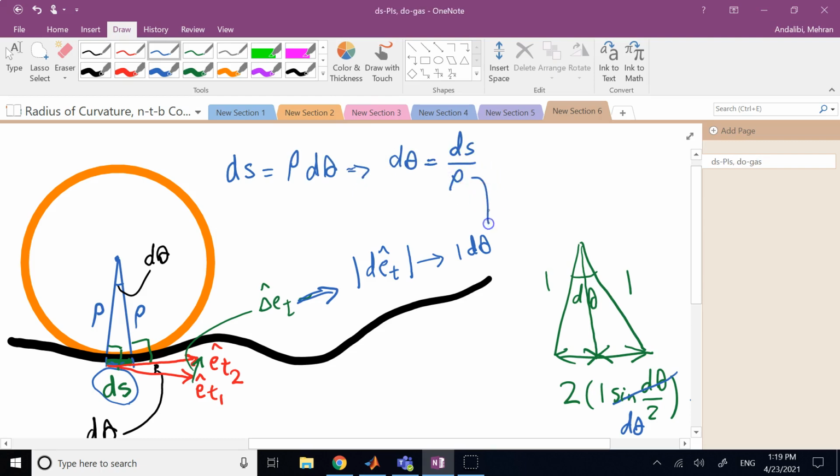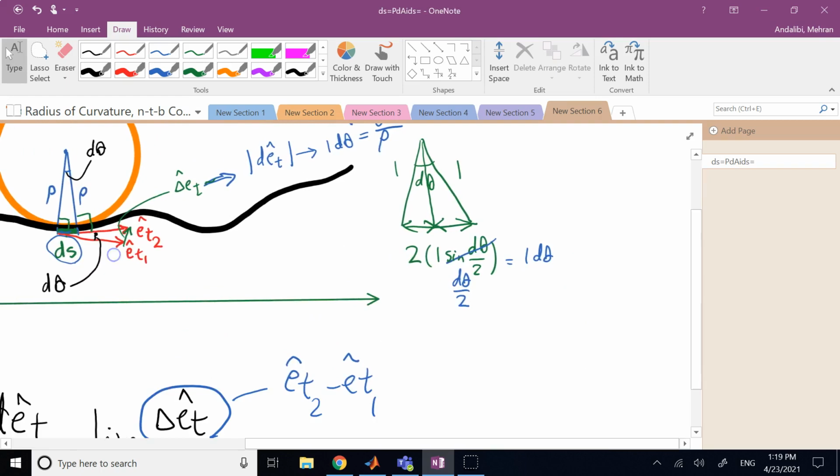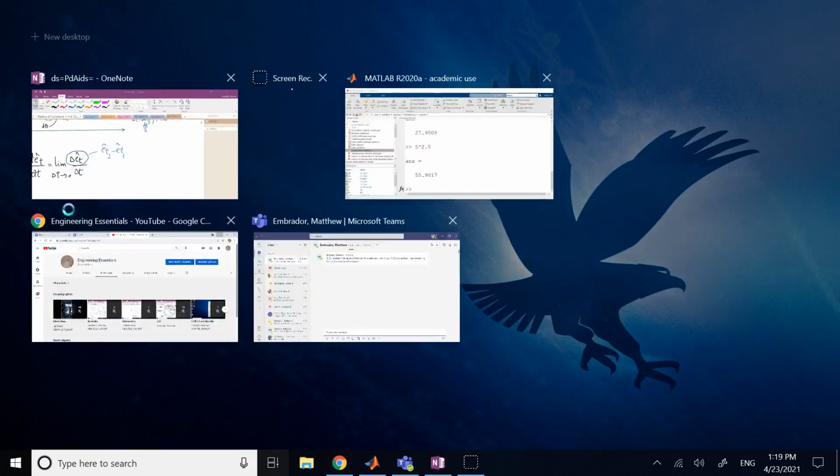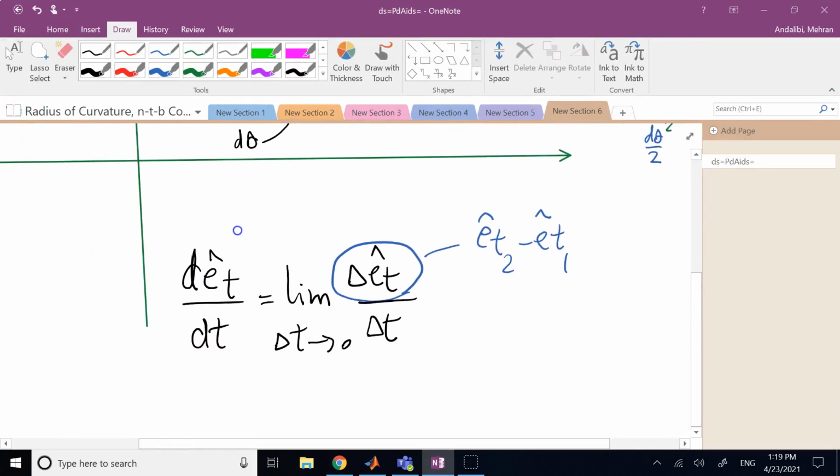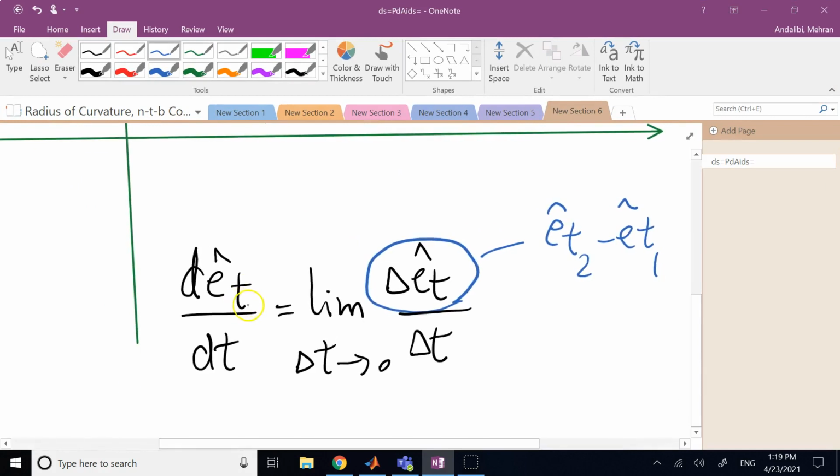And if you plug it down here, that is also going to be the magnitude of delta ET, ds over rho. And so if I go back here, and in this definition of delta ET, I replace it with ds over rho, then what would you get in terms of magnitude of it?